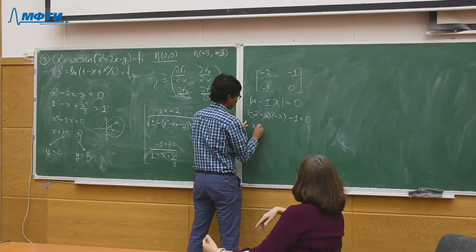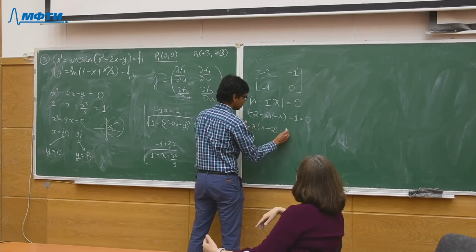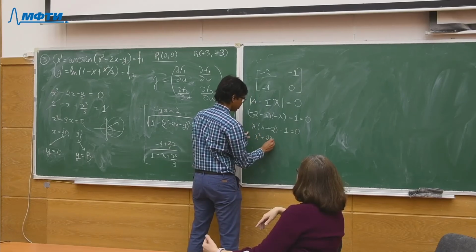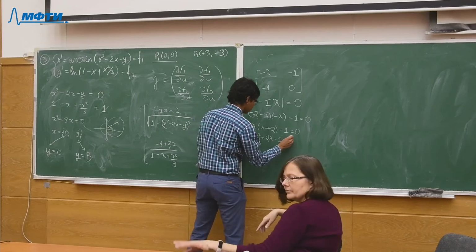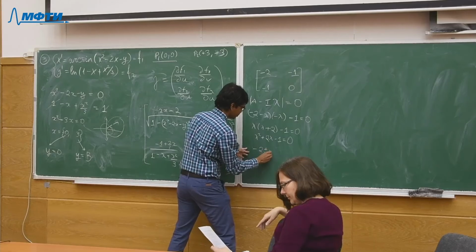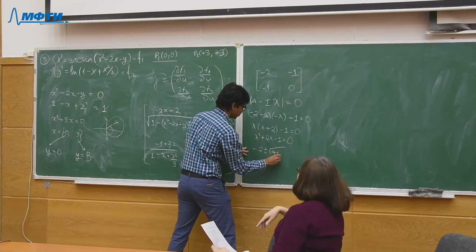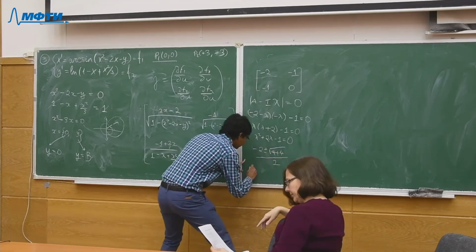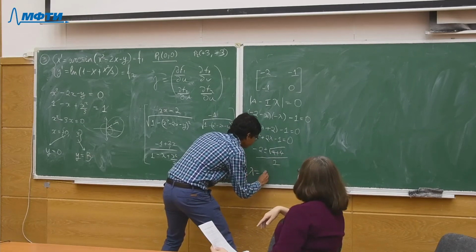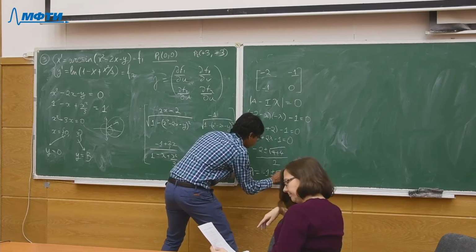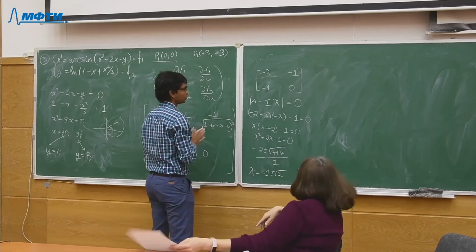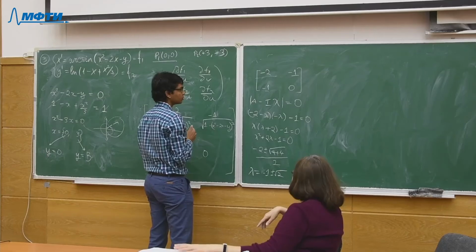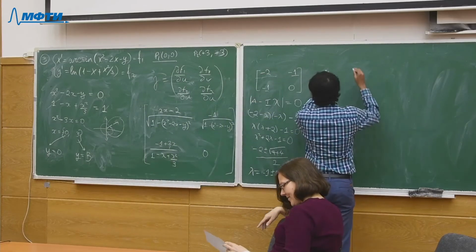So lambda times... minus 1, yes. Okay, now yes, they're real, and so we need to find the vectors then.